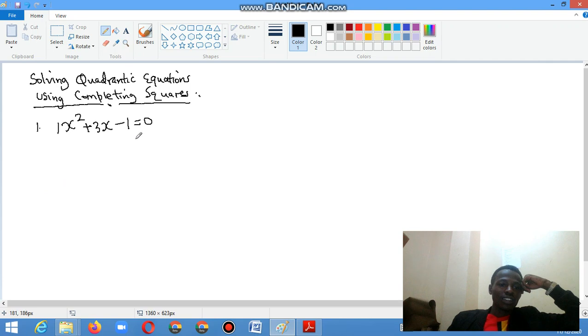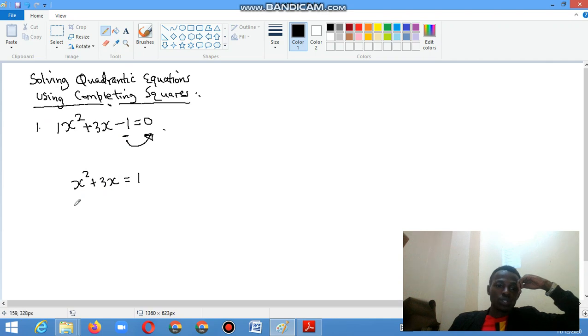The first thing is, we take this constant to the other side. When we take it there, we get x squared plus 3x is equal to 1. Remember the negative 1 becomes positive when it crosses the equal sign. Then the next step: the coefficient of x is 3.